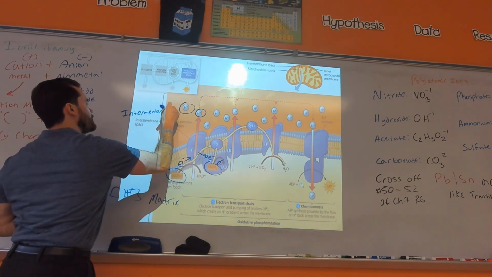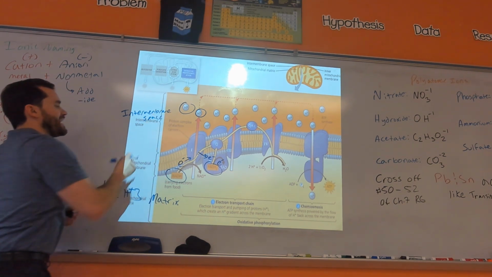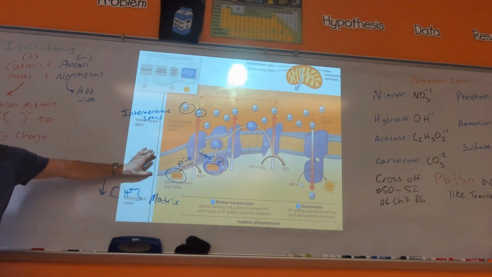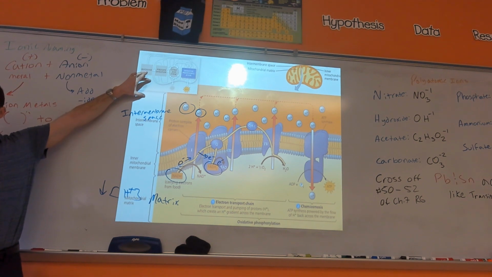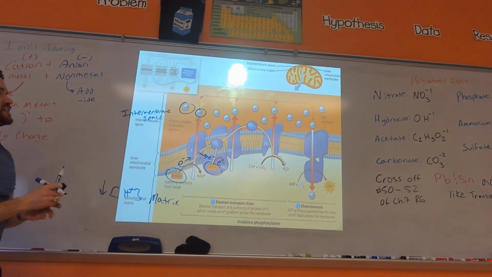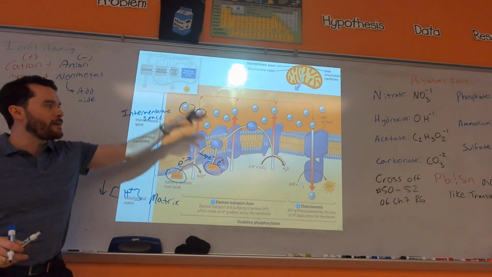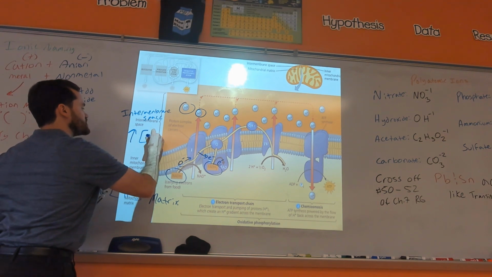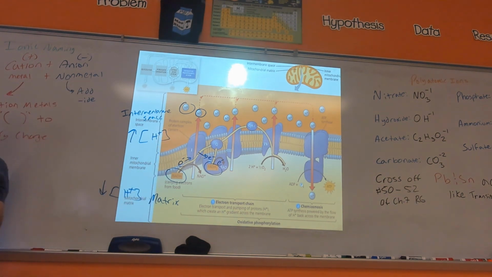So it's important to remember that the mitochondria is double membraned. So you have a membrane here, but there's another membrane here. So in between those two membranes is the intermembrane space. Because we pumped all those hydrogen ions out there, it's now going to have a high concentration of H pluses. Okay?